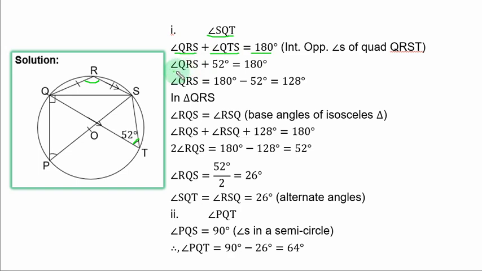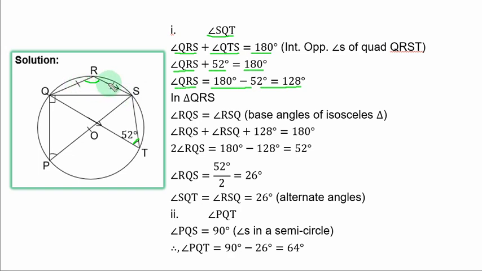So we have angle QRS plus 52 degrees equal to 180. To get QRS, you transfer 52 to the right hand side, and you have 180 degrees minus 52 degrees equal to 128 degrees.